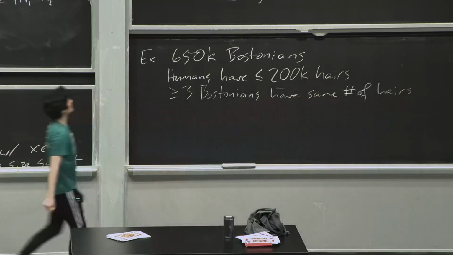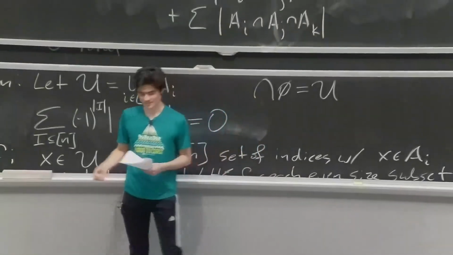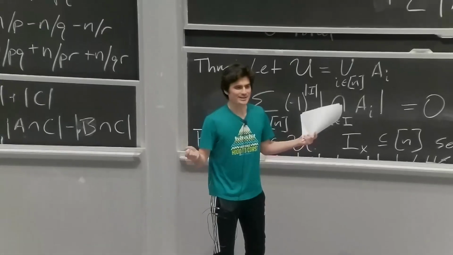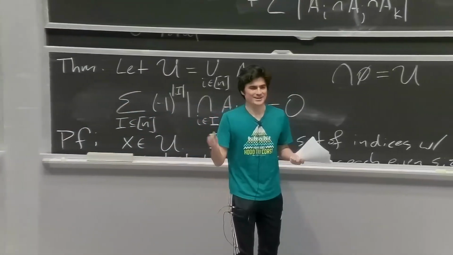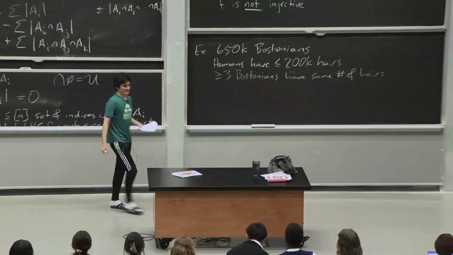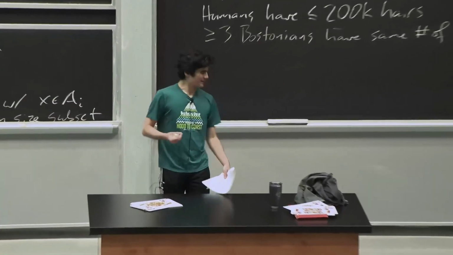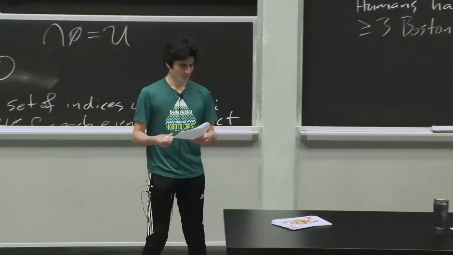Okay, so as stated, all we know is that at least 2 Bostonians have the same number of hairs, right? So does that mean that there's somebody with the same number of hairs as me? Not necessarily, right? So we know that there exist 2 Bostonians. We don't know who they are, right? This is non-constructive, right? It only tells us of existence.